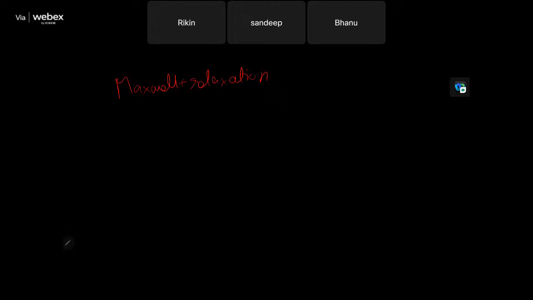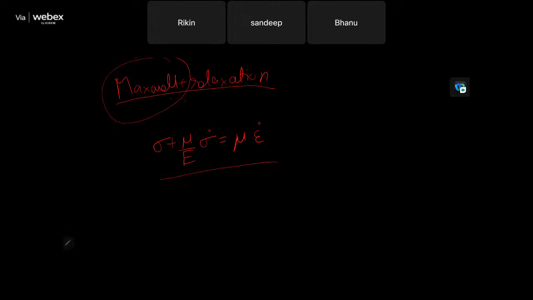Now, of course, if you refer to the slides, there is a direct stress response derived for this condition. But if you're considering the Maxwell model and if you want to derive it by yourself from scratch, you have to start from this equation, which is the equation for a Maxwell model. Now, this equation is obviously derived from the equilibrium and the constitutive relations. If you use this, you'll get the right answer.